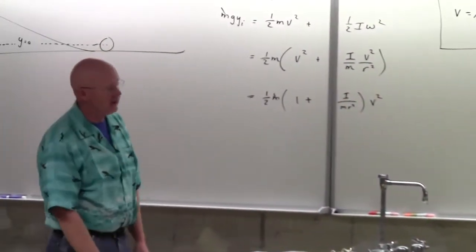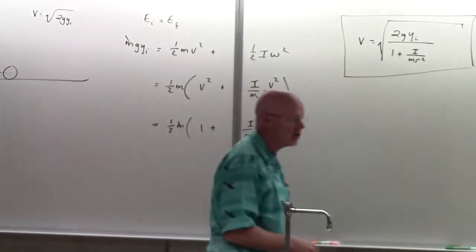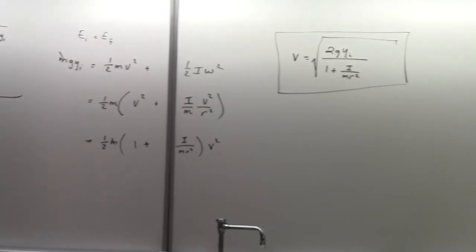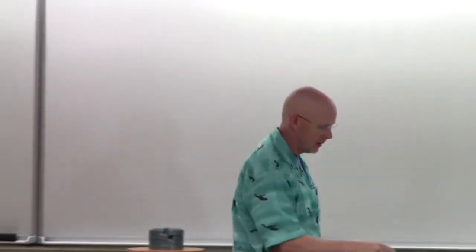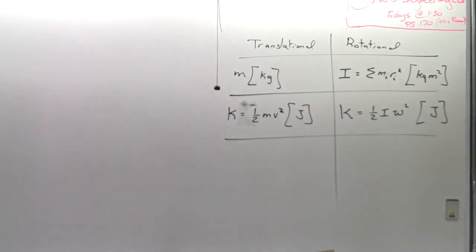Let's put some numbers in here now. Let's see if we can actually do a calculation here. For example, what is the moment of inertia of this hoop? This is the idea of calculating the moment of inertia. So let me draw that up here.